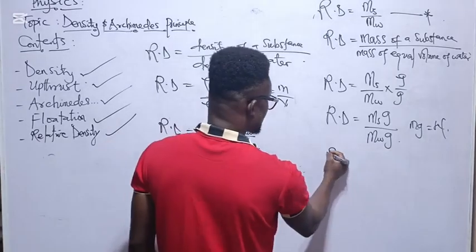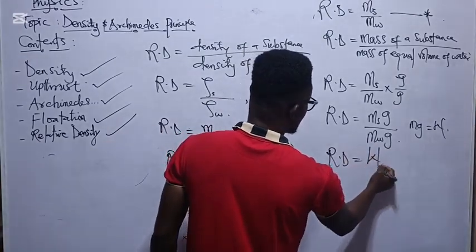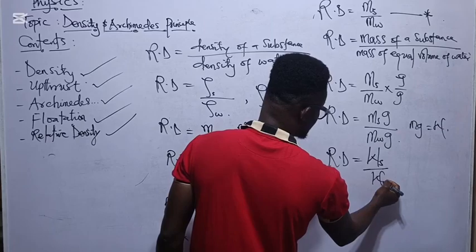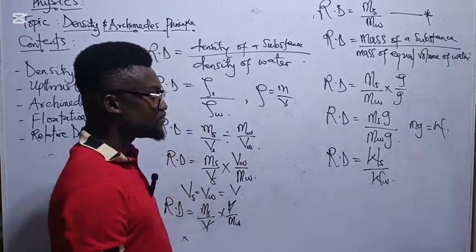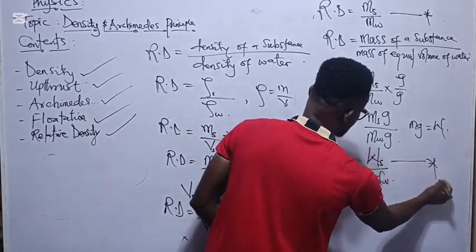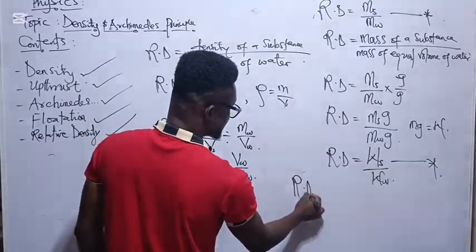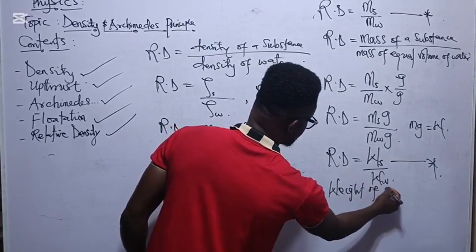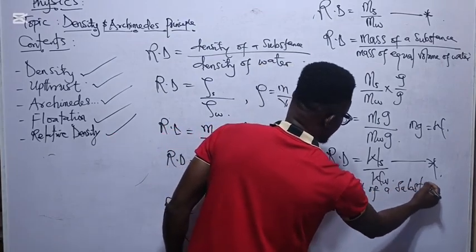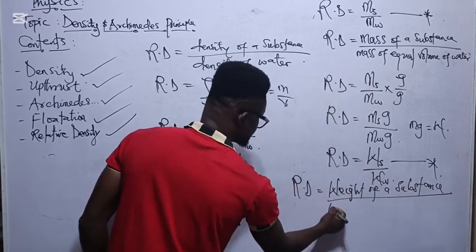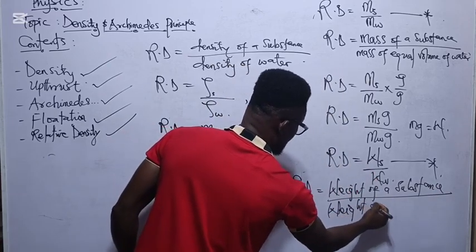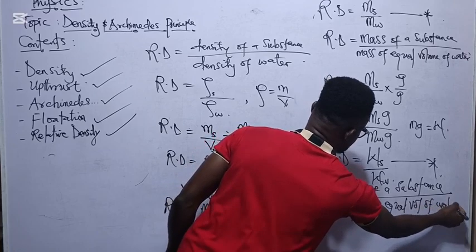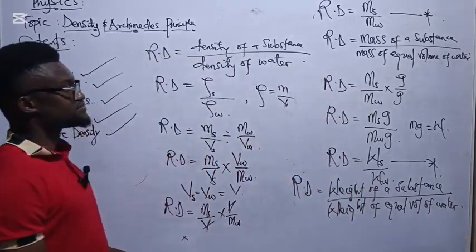So in that case, we are going to have relative density equal to weight of a substance over weight of equal volume of water. So we now have another formula there. So in that case, we now say that relative density is weight of a substance all over weight of equal volume of water.